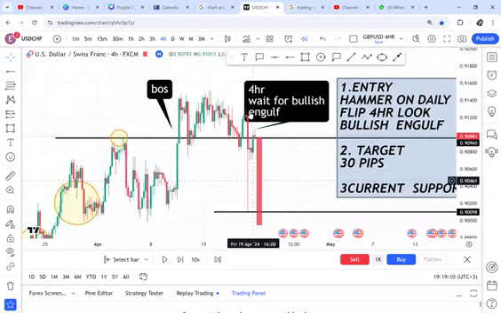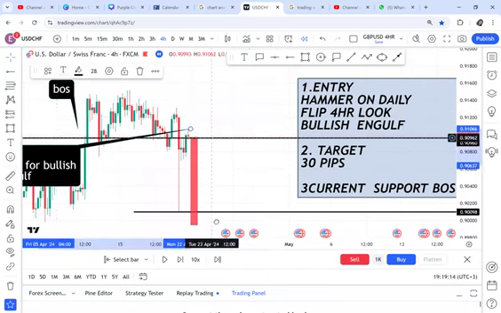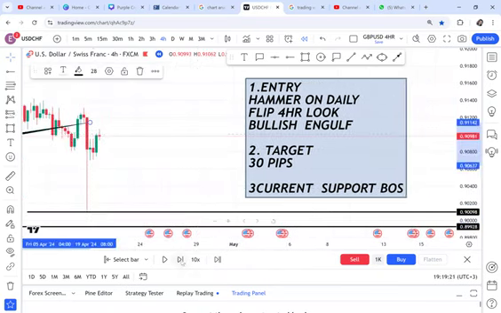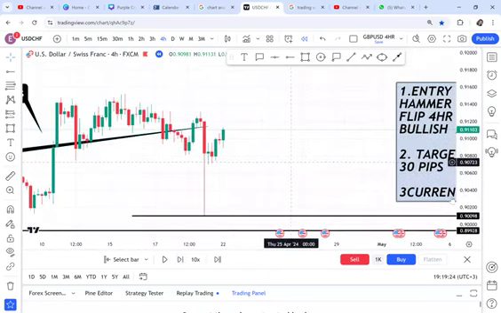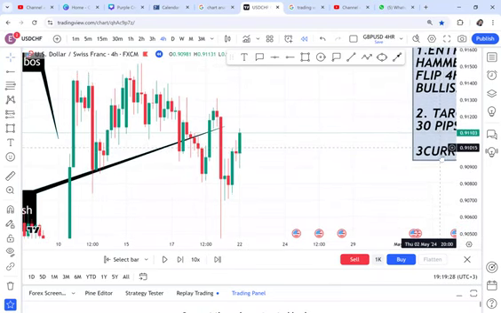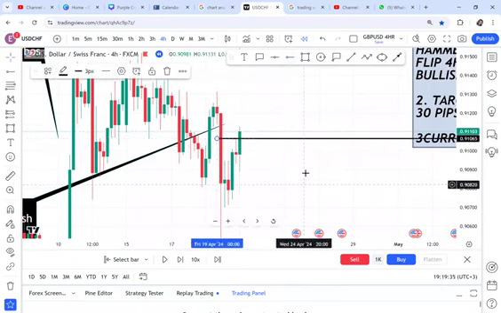Now, let's see if we got a bullish engulf. Let me first remove this line. And we see, did we get the bullish engulf? Immediately after going on 4 hour, we had a red candle followed by a green candle that happened to be a bullish engulf.